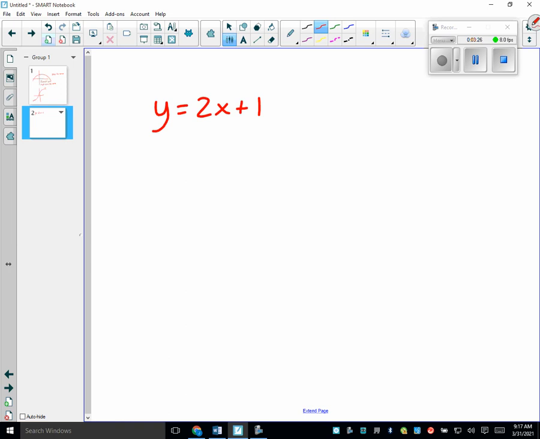Okay, that's how you find an inverse of a function. We're past that today. Today you're going to be given two functions, and you're going to determine if they are inverses. The way you determine if they are inverses is f of g and g of f both have to equal x in order for the functions to be inverses.